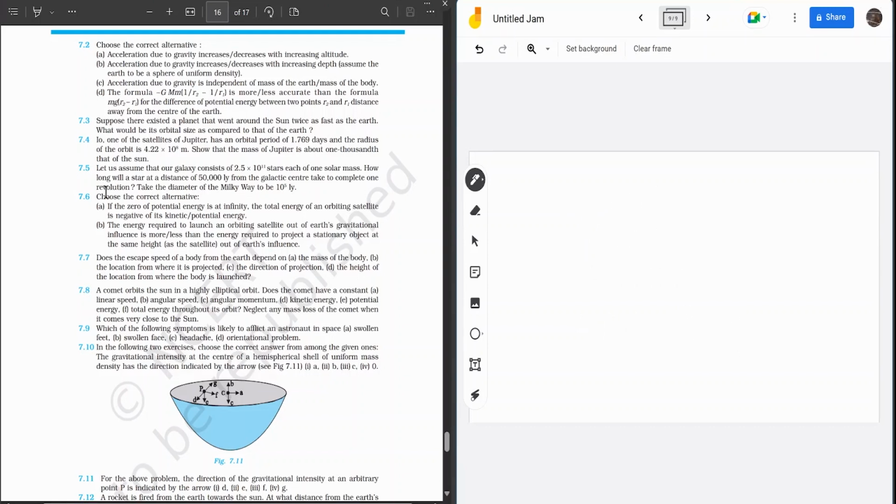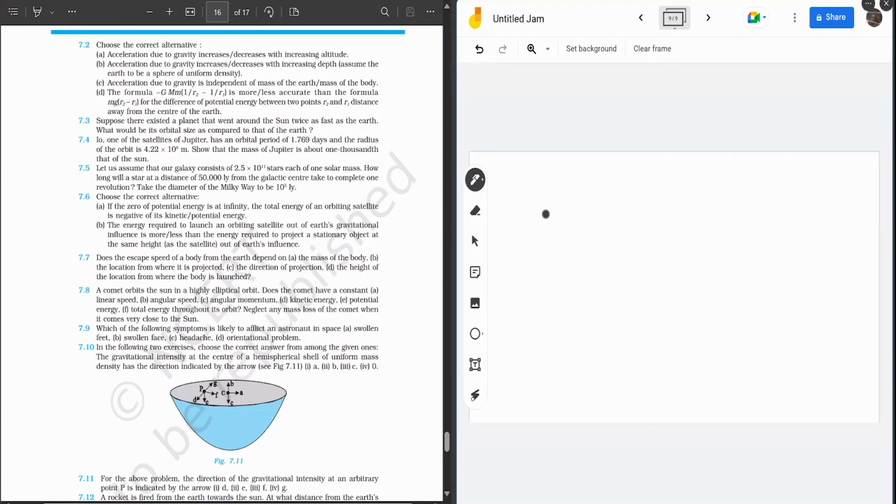Next, choose the correct alternate. If the zero of potential energy is at infinity, the total energy of an orbiting satellite is negative of its kinetic or potential energy. Okay, so let us see. Zero of potential energy at infinity.